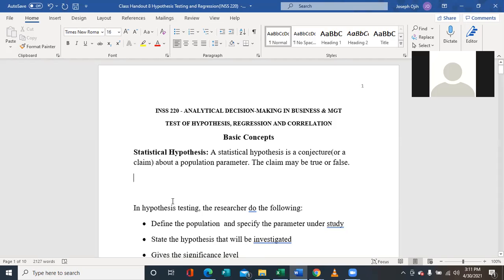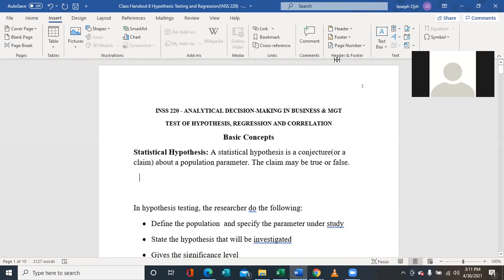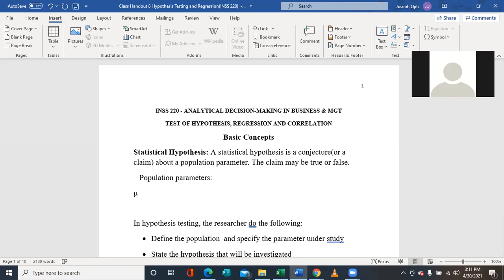Things like the mean, mu, the standard deviation, which we use the delta symbol to represent, or even proportion, P, which is basically a percentage.